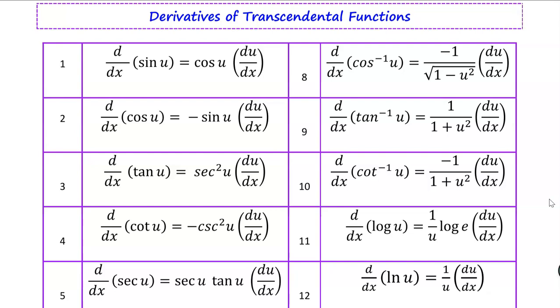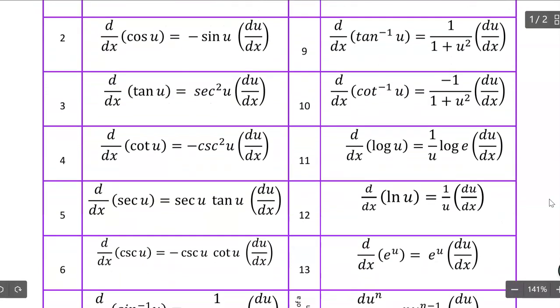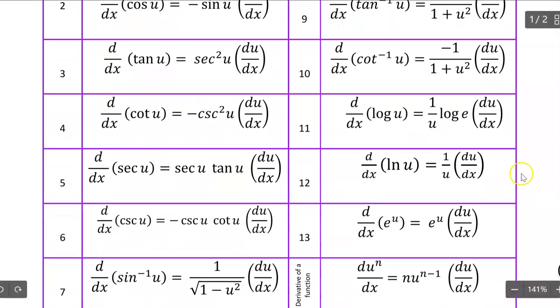Integration is the reverse process of derivative. So I let that equal to u because then I know that I can apply this formula. Derivative of ln of a function will become 1 divided by that function. Okay, so in that way, I can take care of the dx over x.